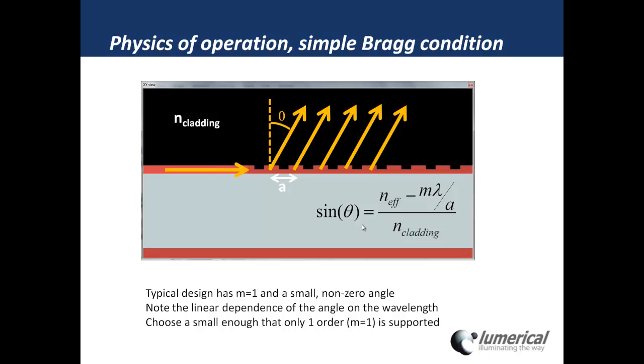Also, there's a linear dependence of the angle on the wavelength. This is really one of the factors that limits us in terms of bandwidth, because as the wavelength changes, our angle of emission changes, and this will change our ability to couple light into or out of a fiber that's coming in at a particular angle.